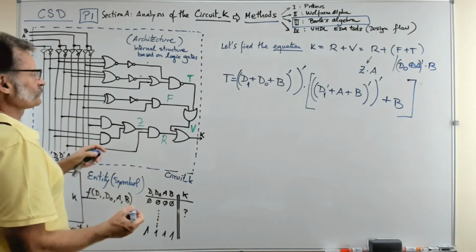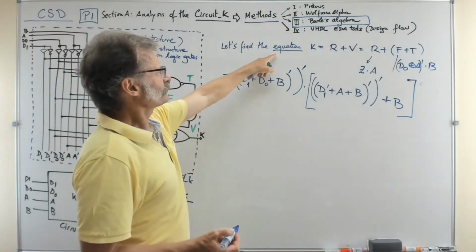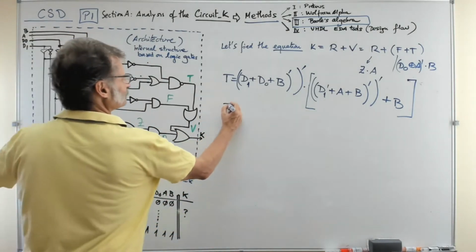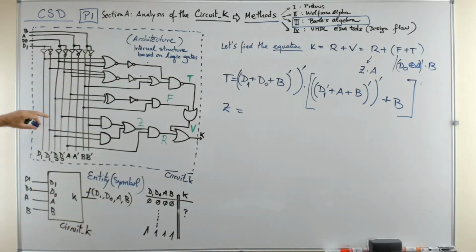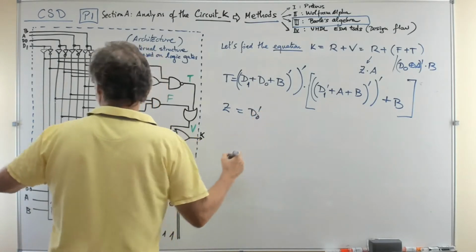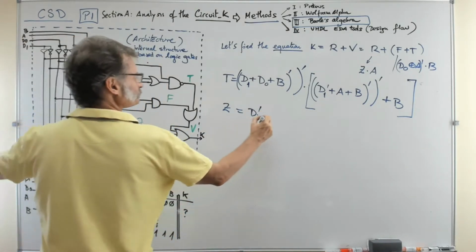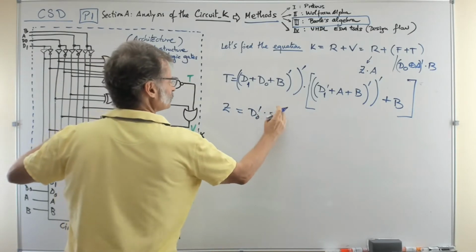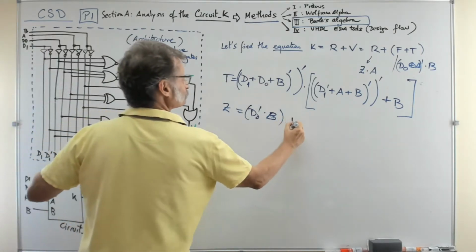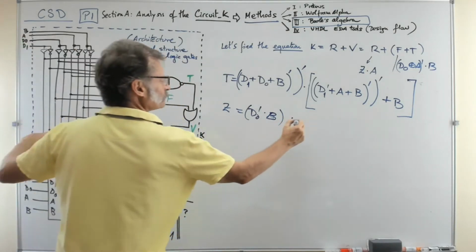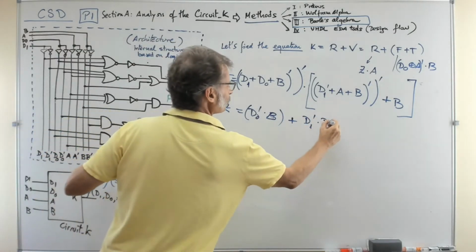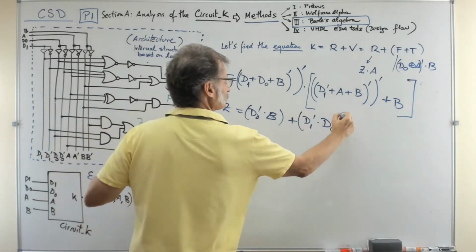So in the end, the equation that you have to go simplifying is simply, well, Z, you can calculate Z: D0 not B and B or D1 not or D0, like that.